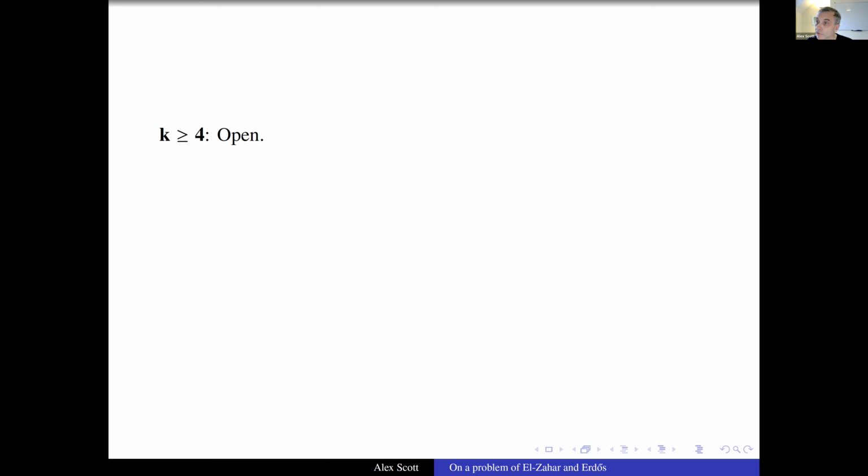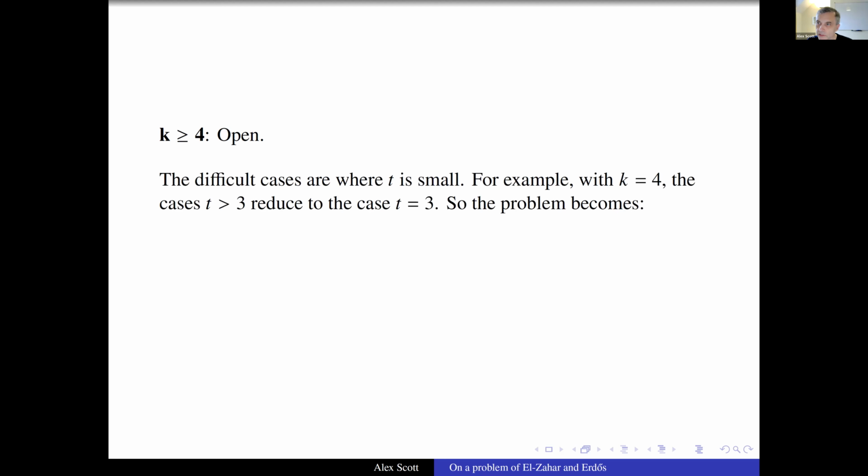Okay, but for K at least 4, so if you want a pair of anti-complete subgraphs with a chromatic number at least 4, that's open. It's interesting to note that the hard case is where the clique number is small. So, for example, with K equals 4, so the first open case, cases with t bigger than 3 reduce to the case t equals 3, essentially by the second half of the El-Zahar and Erdős argument, and they noted this.